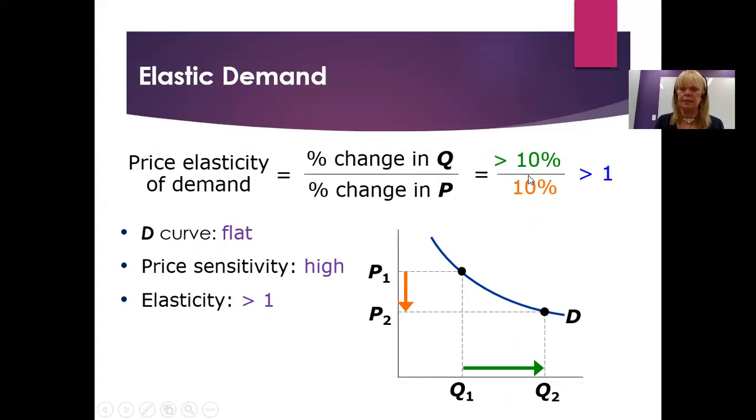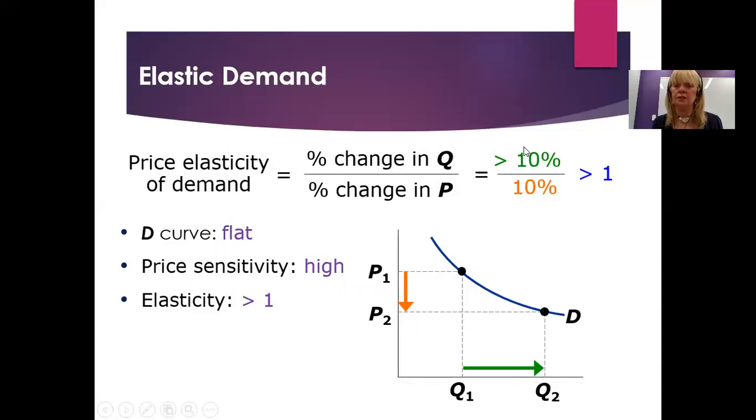Let me say that again. If the price increases by 10%, quantity demanded is going to go down by something more than 10%. Might go down by 11%, 12%, 20%, 50%, who knows? But it's going to be more than 10%.